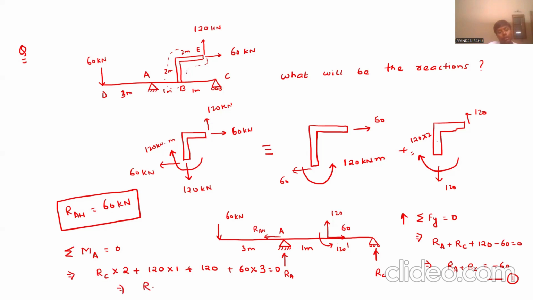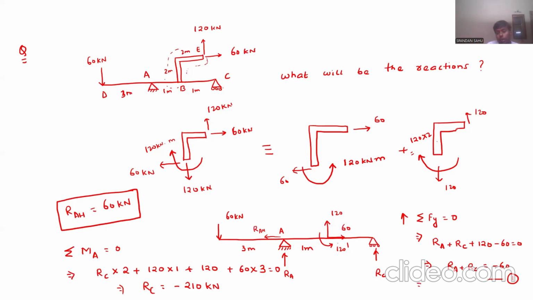So now solve this and tell me the value of RC. Someone is telling it's coming out to be 210 kilonewton. So if RC is 210 kilonewton and that is a minus sign, that means our assumed direction of RC is the opposite, and it should go downward, not upward.